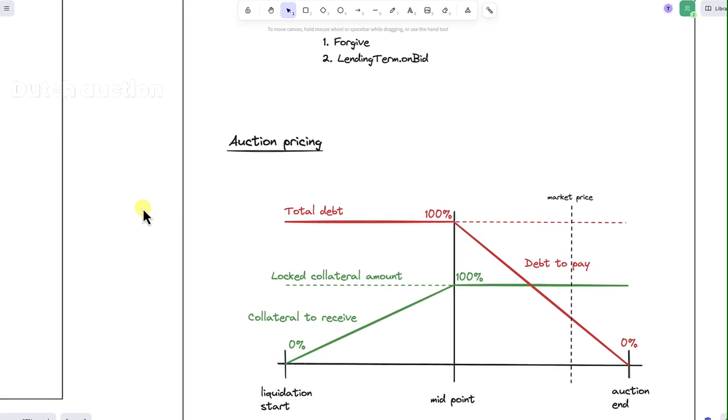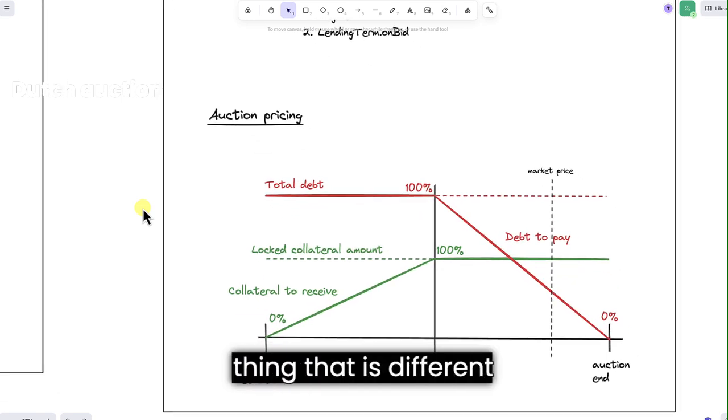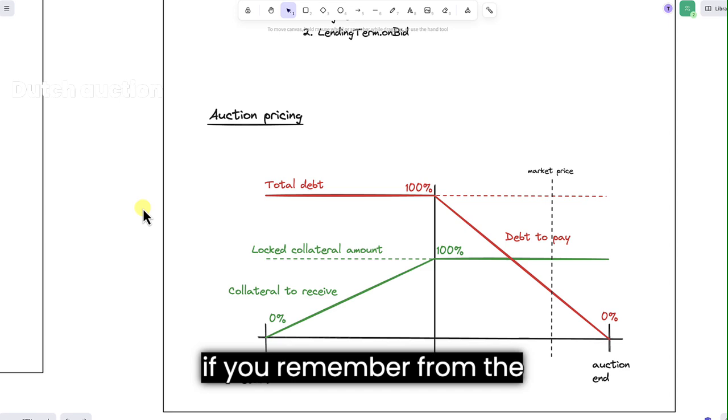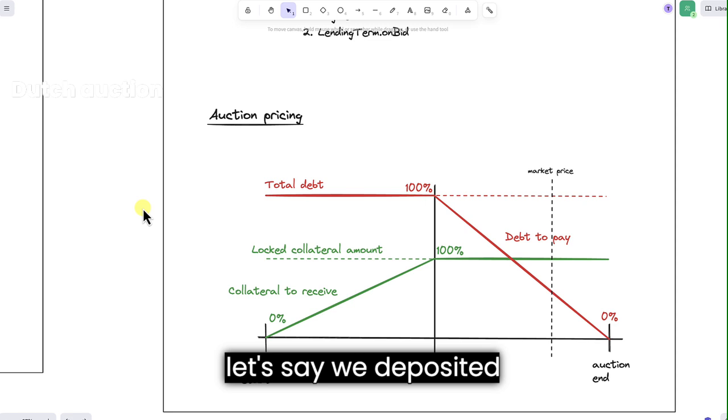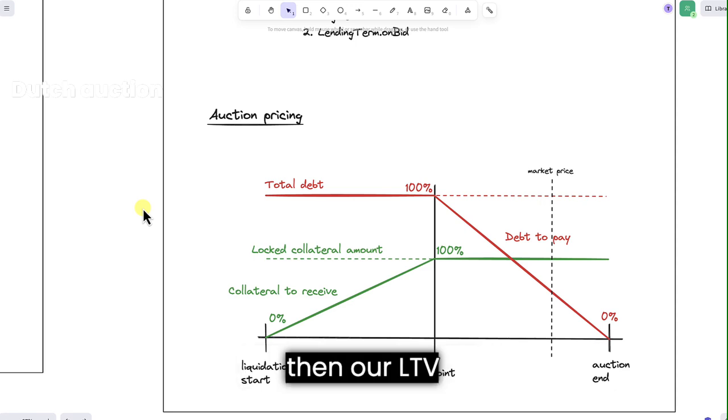Another interesting thing that is different from other lending protocols is what parameters define whether a position can be liquidated. Because in Aave, if you remember from the classes, we have loan to value. Let's say we deposited 100K and we borrowed 50K, then our loan to value is 50% because we borrowed 50% of what we deposited.